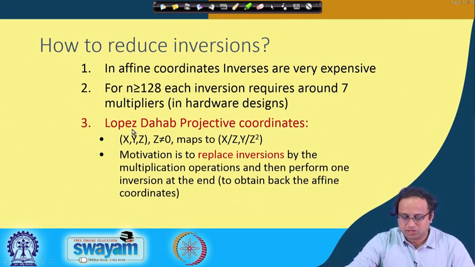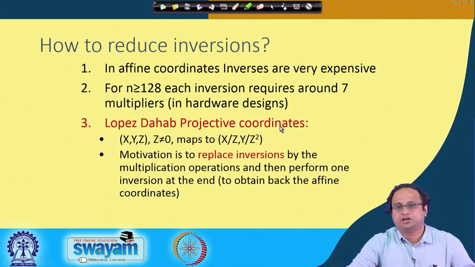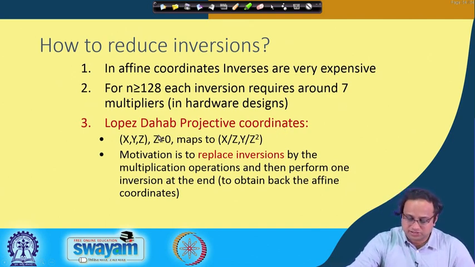So one popular projective coordinate system is what is called the LD coordinate system, or Lopez-Dahab projective coordinates. What is done in these coordinate systems is that if I have a projective coordinate x, y, z, and z is not equal to 0, which means it is a finite point. If z equal to 0, then it is a point at infinity. Then this maps to x by z and y by z square.